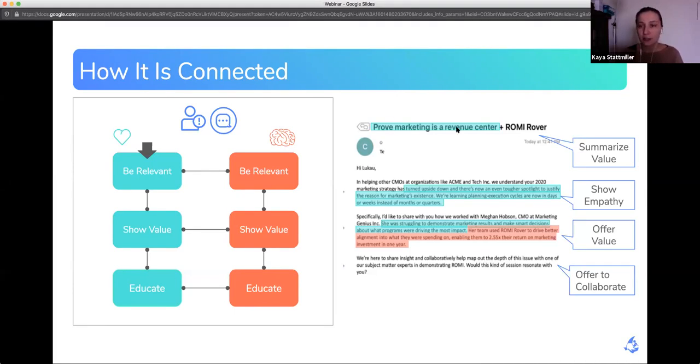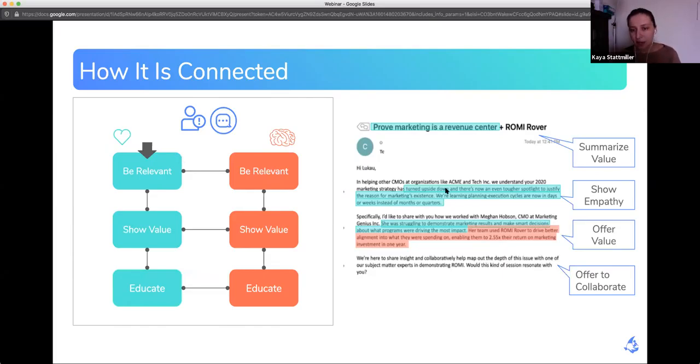Now, getting back to the email example that I just showed you, here is how it works. This is the same template that you saw above, but here you can see the difference. "Proof marketing is a revenue center." This appeals to your emotional side, like you need to prove yourself.